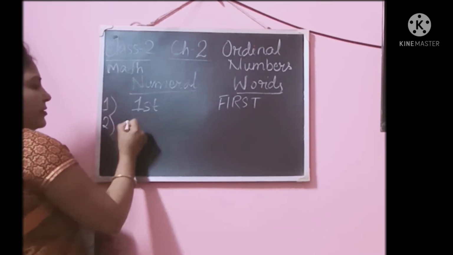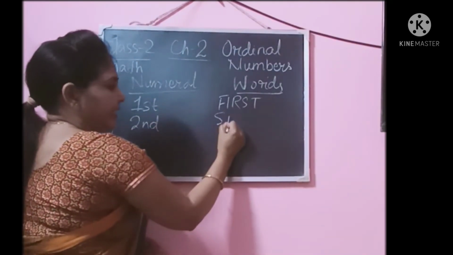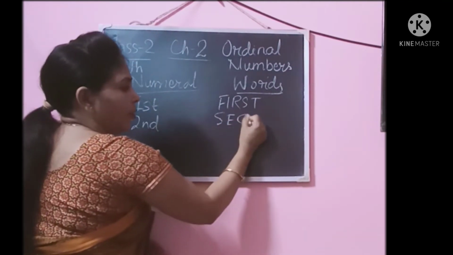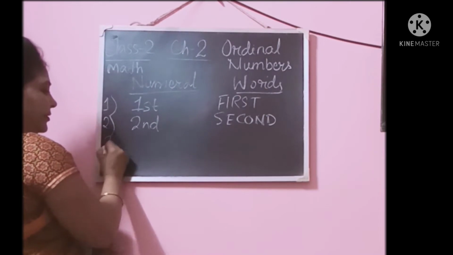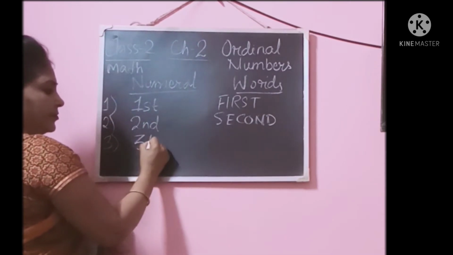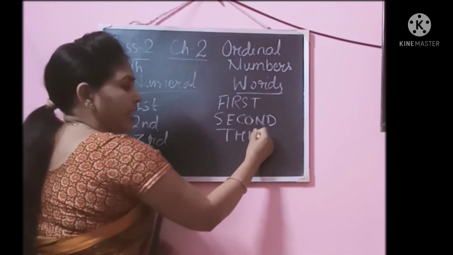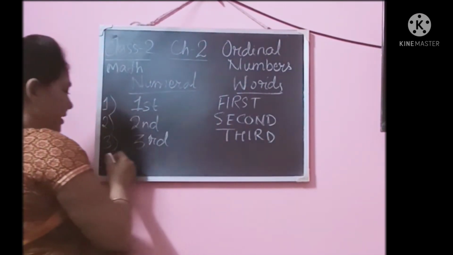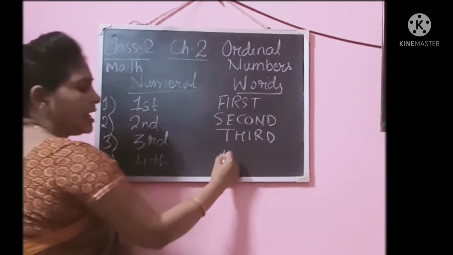Then third, THIRD, third. Fourth, FOURTH, likewise. And then fifth, FIFTH, sixth, SIXTH.